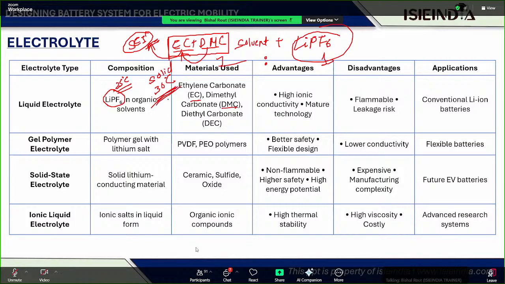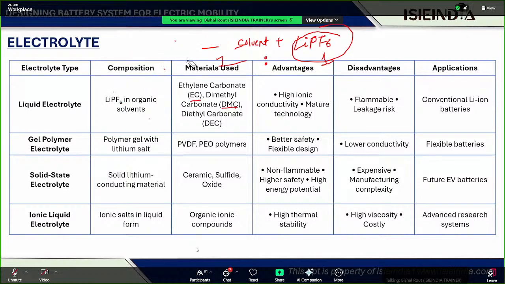Mixing with DMC reduces this temperature to nearly around -6 or -7 degrees Celsius, likely, right? And that is the reason we are utilizing an EC and DMC solution. Otherwise we could only utilize EC, it would work, but EC is not good at room temperature, it is in solid form, so we have to add DMC to convert it into liquid form, right? So I hope this is clear.